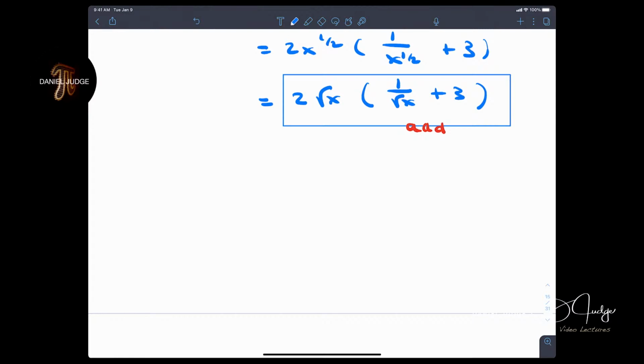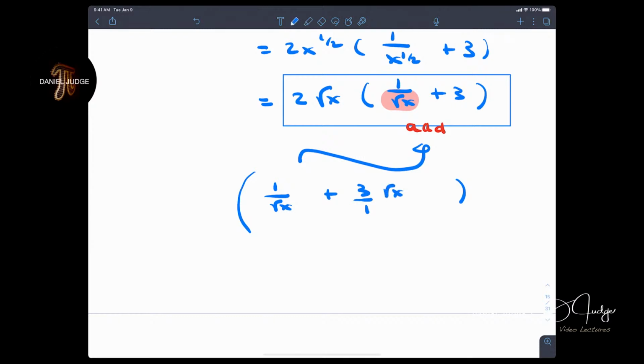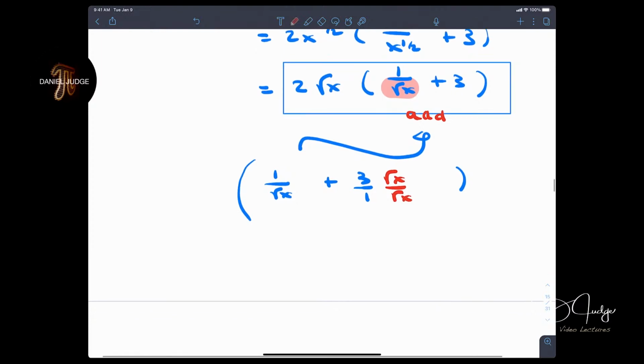And how we can add right over here is to have like denominators. This has the square root of x, so you're going to multiply by square root of x over the square root of x, so that now we have the same denominator.